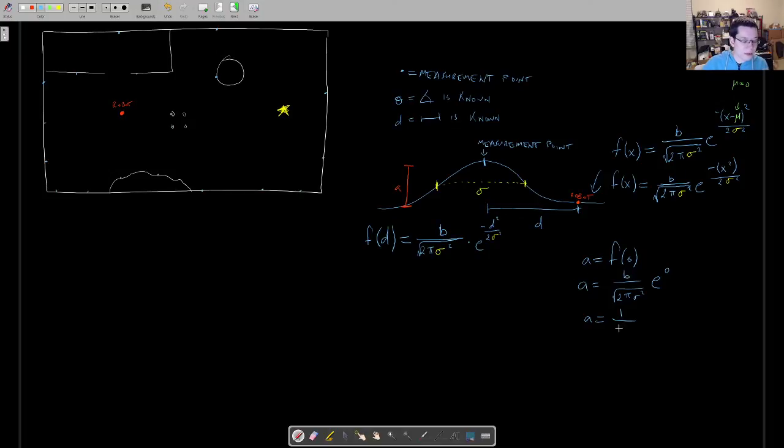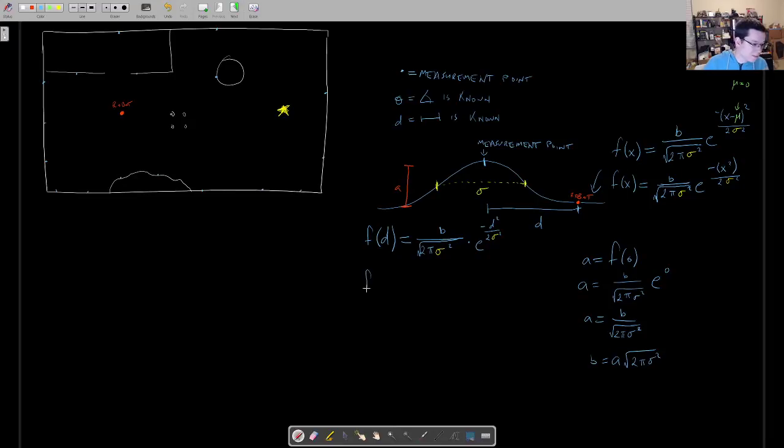And now we want to solve for B. Then B equals A times the square root of 2 pi sigma squared. So now I can put in A and I'll get B.